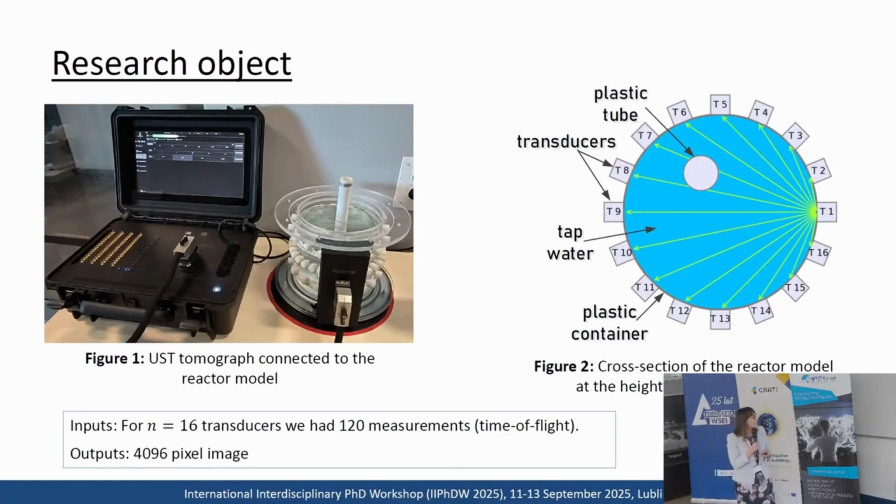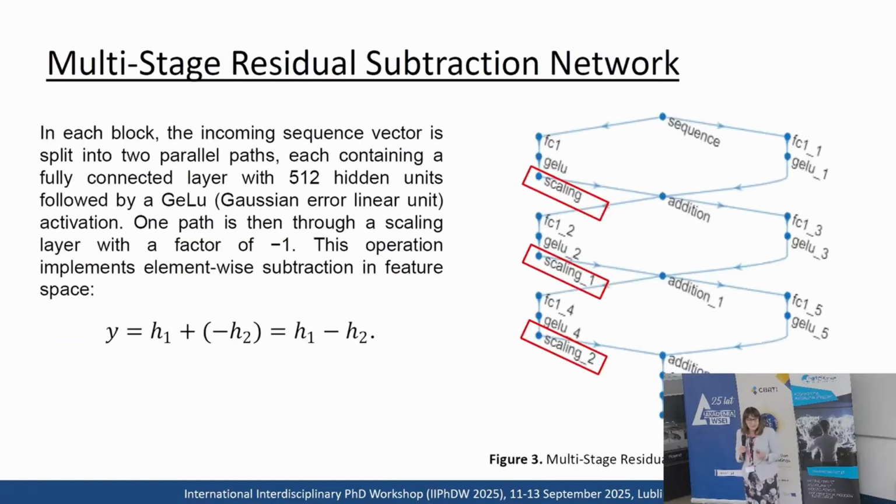So in our simulation, we use input data of 120 measurements, and as output, we got an image with 4096 pixels.